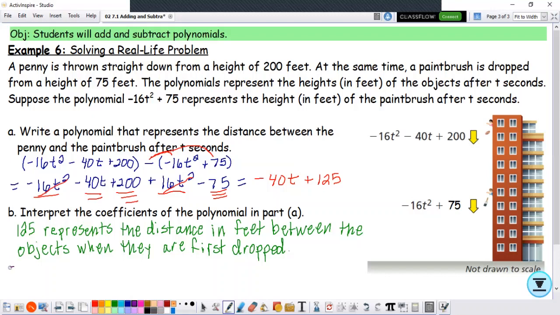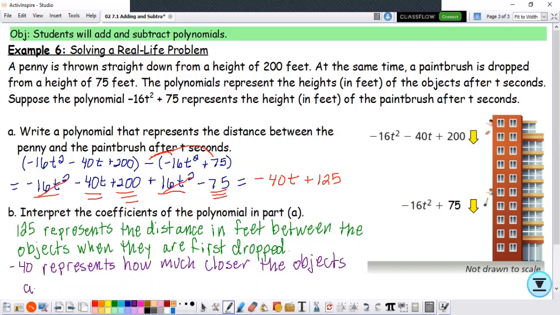So negative 40 represents how much closer the objects are to each other after each second.